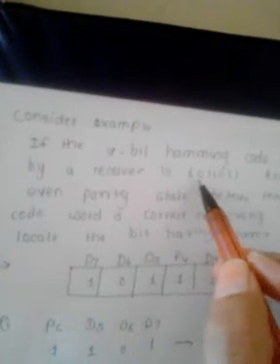If there is an example that is also asked in your exam, if there is a problem statement given here: if the 7-bit Hamming code word received by a receiver is 1011011, and here the binary string is given, assuming that there is an even parity, state whether the received code word is correct or wrong.